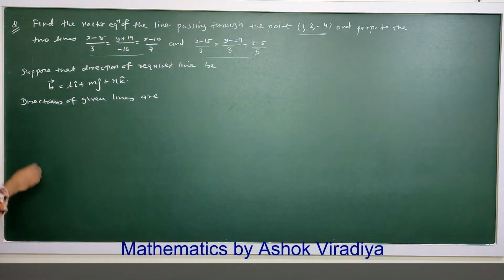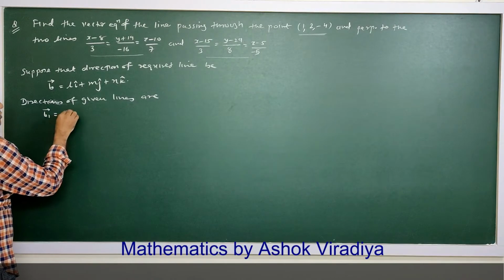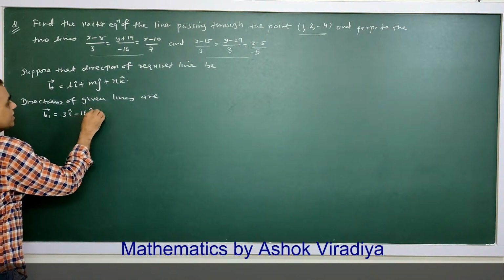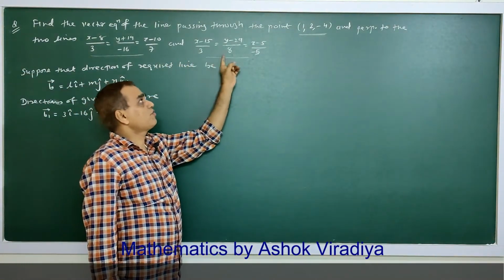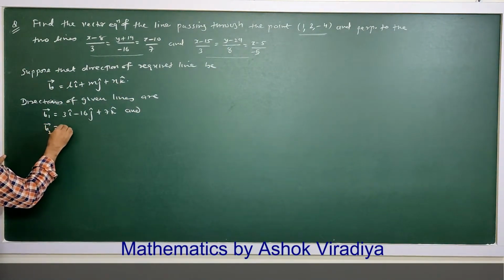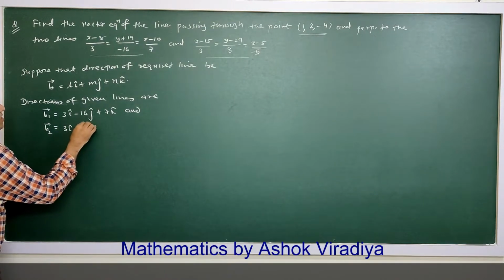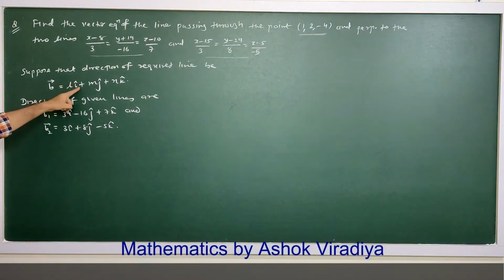So direction of the first line can be taken as vector b1 equal to 3i minus 16j plus 7k, and direction ratios of the second line are 3, 8, minus 5. So its direction can be defined as vector b2 is 3i plus 8j minus 5k. Now because this line is perpendicular to both these lines, it will be perpendicular to this vector as well as to this vector.